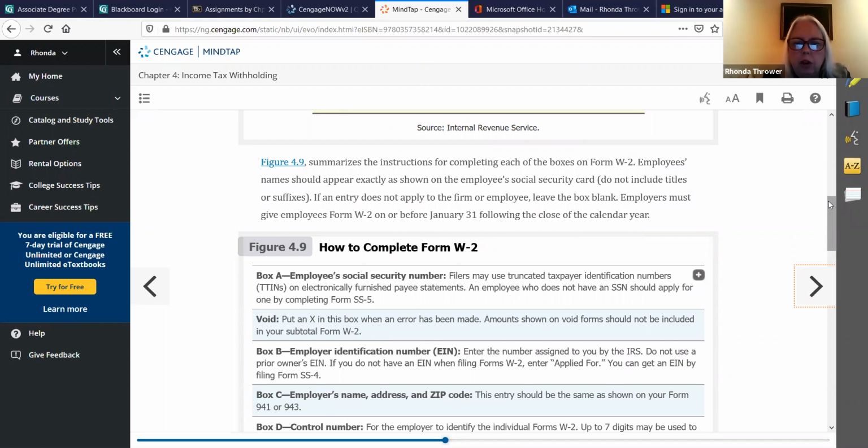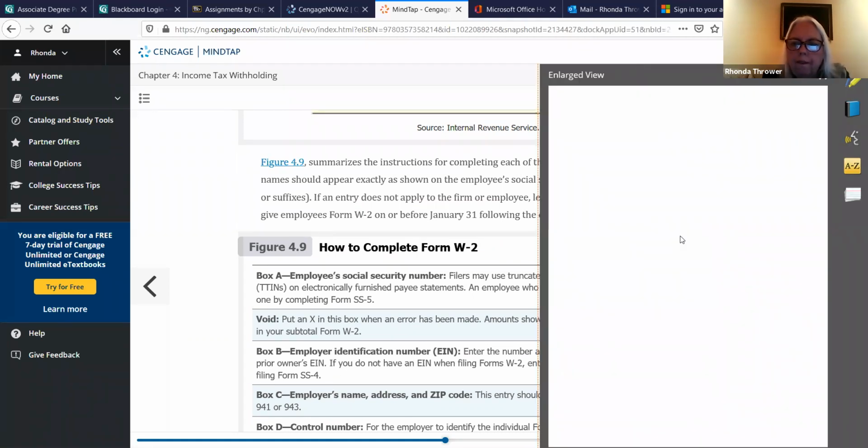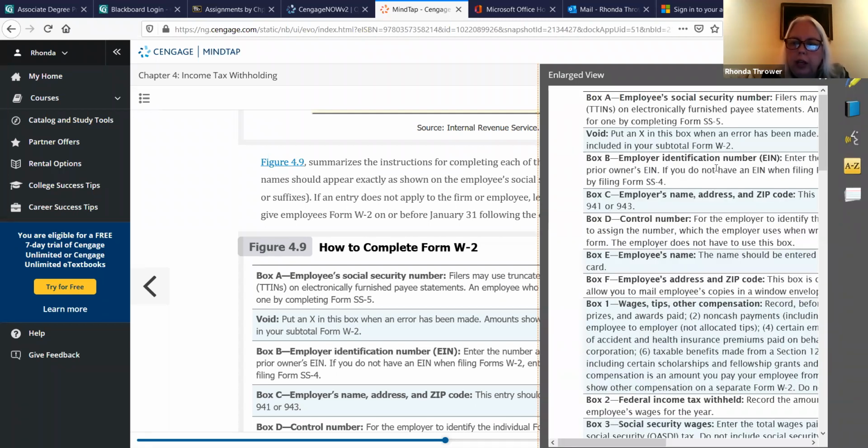And in figure 4.9, the only way you can get to that is right here where they're talking about figure 4.9. If you expand your table to enlarge it, the enlarged view will bring up what each box represents.